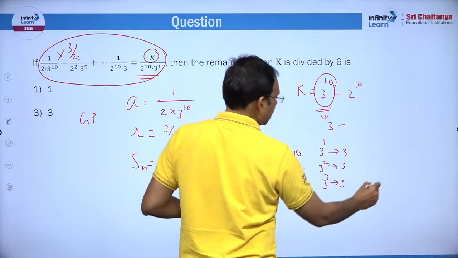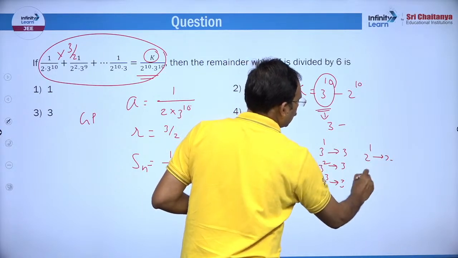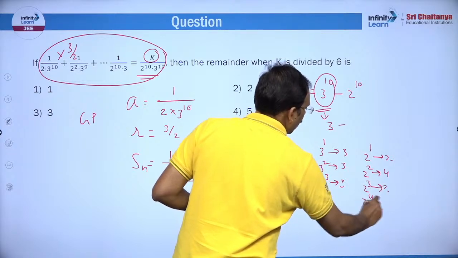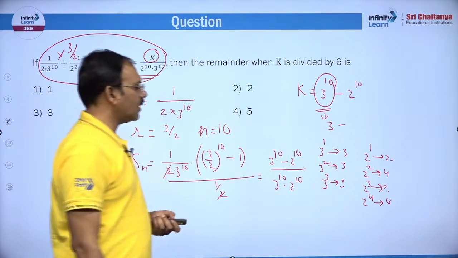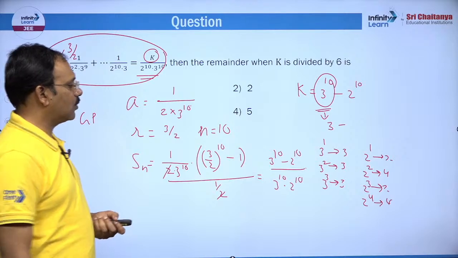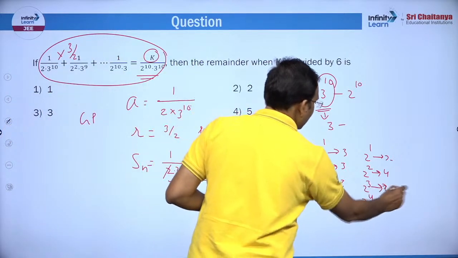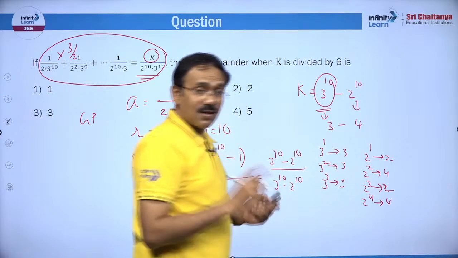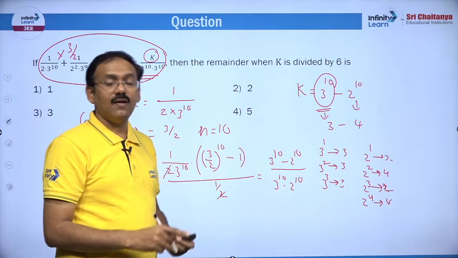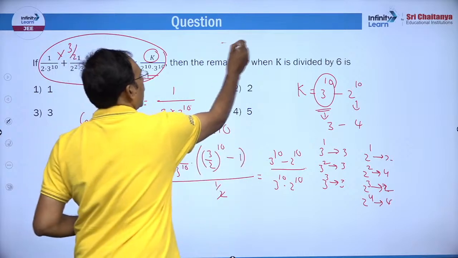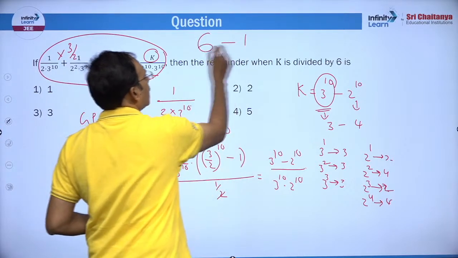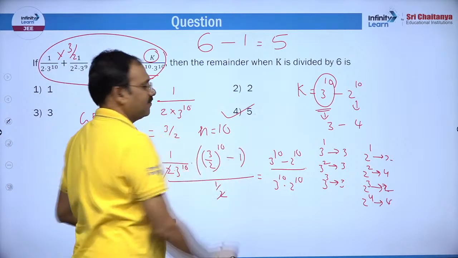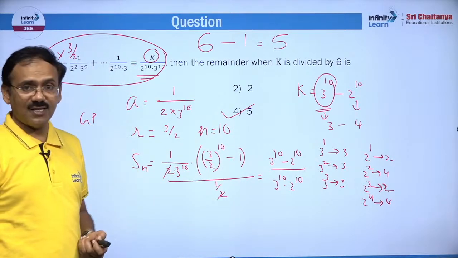Whereas minus, you see 2 power 1 remainder is 2, 2 square remainder is 4, 2 cube remainder is 2, 2 power 4 remainder is 4. That means every time 2 power even number, the remainder will be 4. So here the remainder is 4. Remainder 3 minus 4 means minus 1. When divided by 6, remainder minus 1 means 6 minus 1, 5 is the remainder. So you can go with the option 5. That's all, okay, dear students.